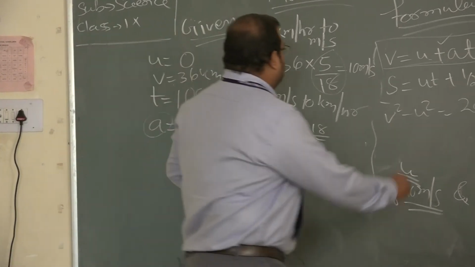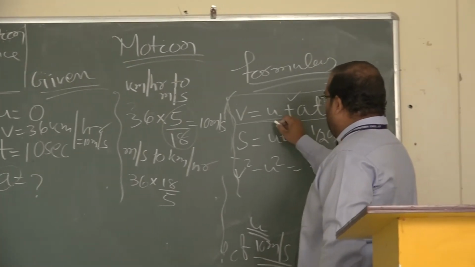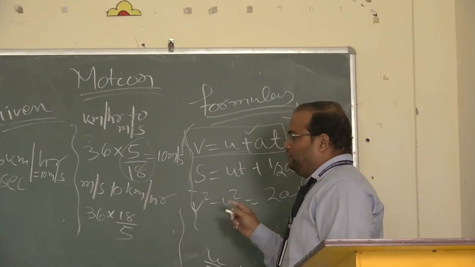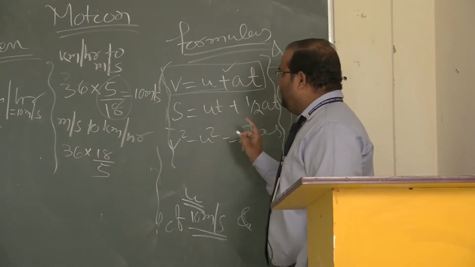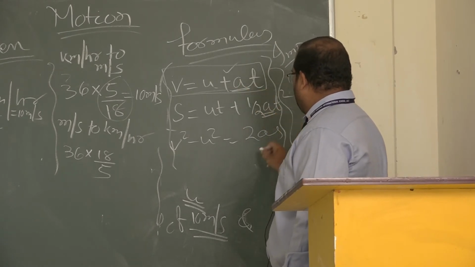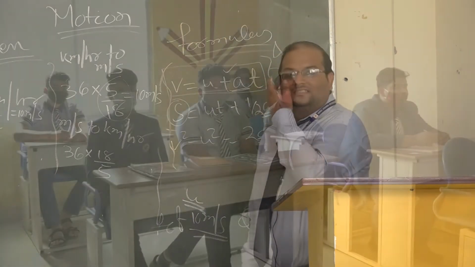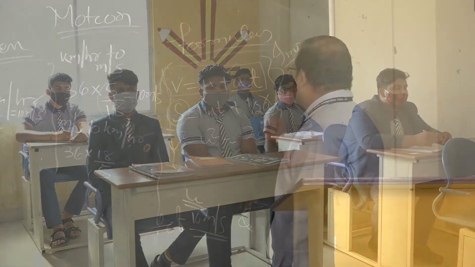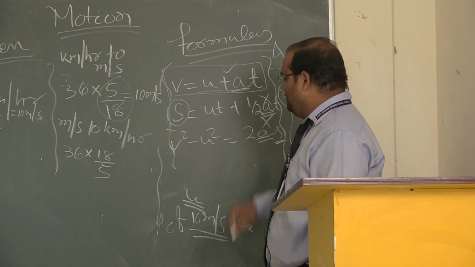Now a is required. Out of these three formulas, we have to find the acceleration. So a is in this formula, in this formula, and this formula also. But s, which is the distance, is not given in the question. So this formula will not be applicable for this problem, and this formula also will not be applicable, because s, the distance, is not given.